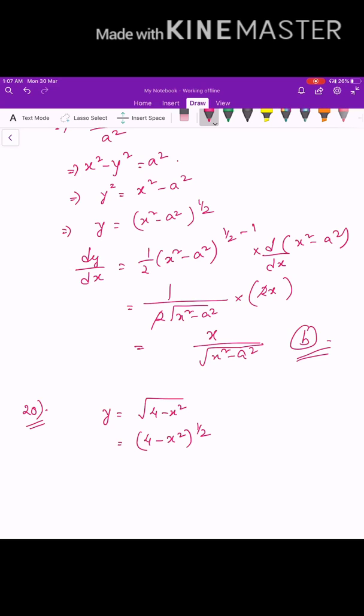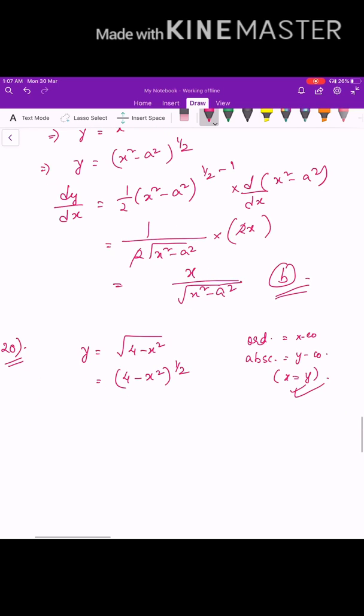The slope of the tangent to the curve at the point where the ordinate and abscissa. Ordinate is the x coordinate, abscissa is the y coordinate. So in short, I have to find the slope of the tangent to the curve where the x coordinate is equal to the y coordinate.